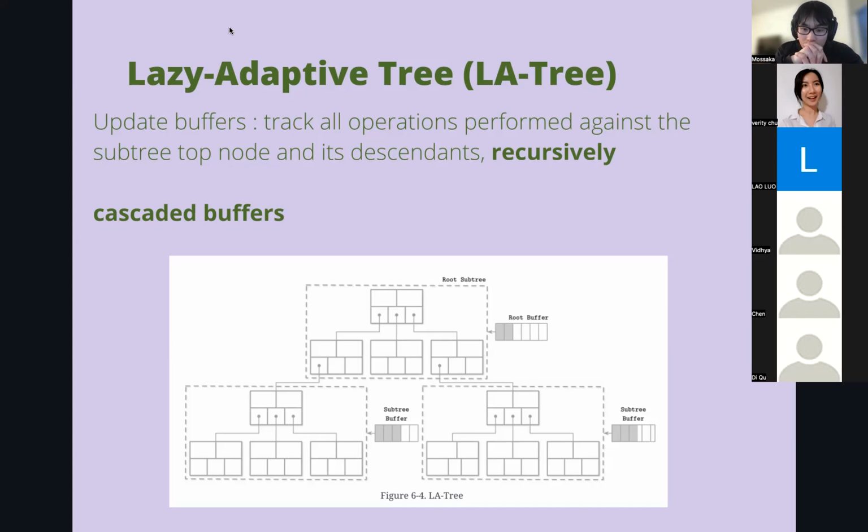That solves the question of what if the database crashes and the buffer in memory gets lost, either for WiredTiger or for this lazy adaptive tree.